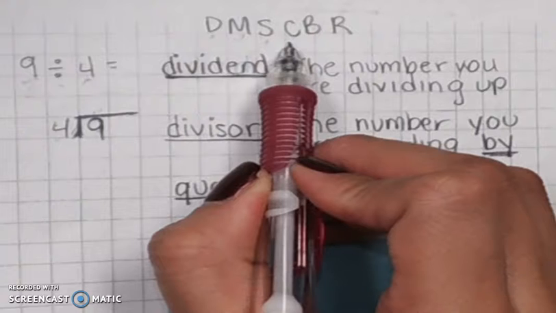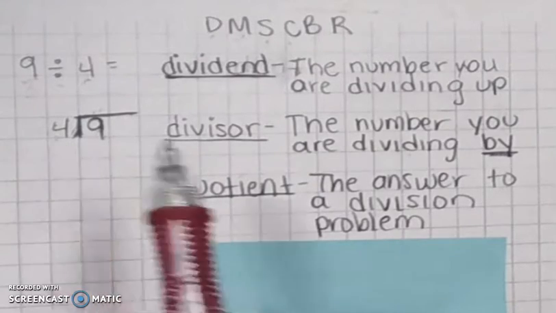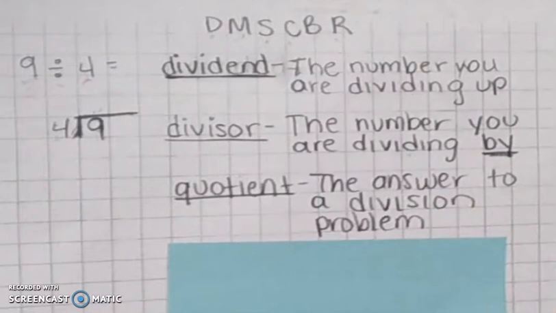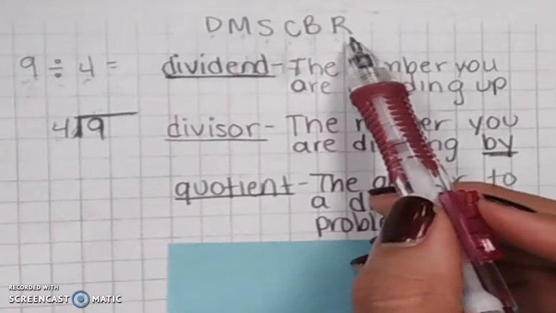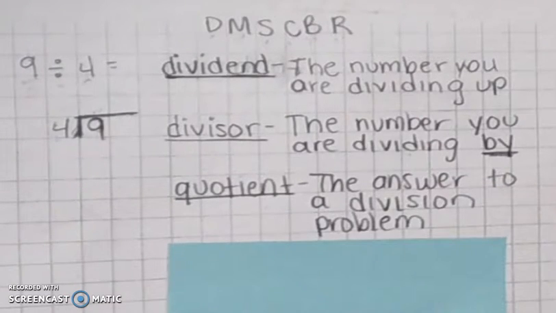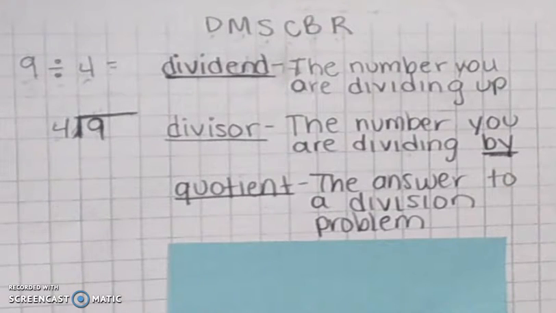Then I'm going to check if my remainder is less than the divisor. And if it is, I'm going to bring down the next digit, and then I will have a new remainder. So, grab your paper and your pencil, and we're going to write these steps on your paper as well.